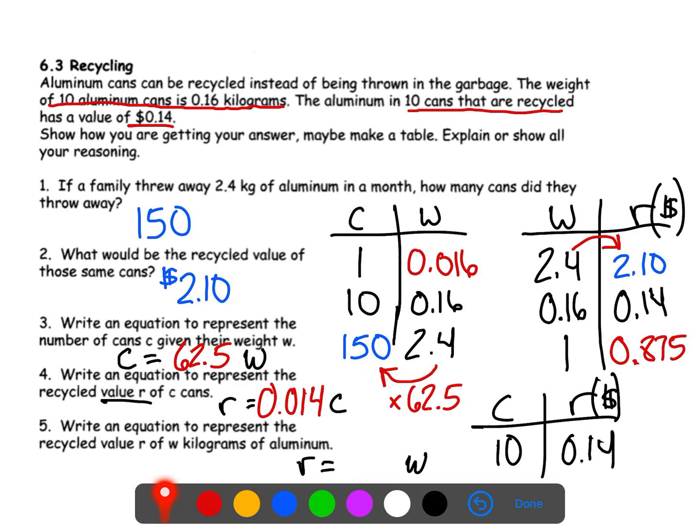So using the table to turn a weight into a value, I need to go to my unit rate and what I was multiplying by. My unit rate said that 1 kilogram of cans is worth $0.875, so just under 88 cents. That's my constant of proportionality, 0.875. And that would give me a value for a particular weight.